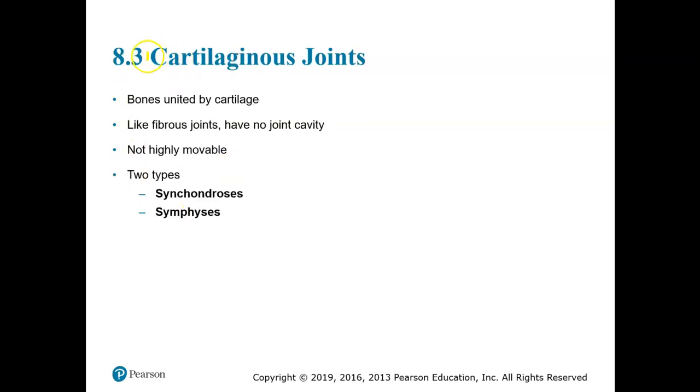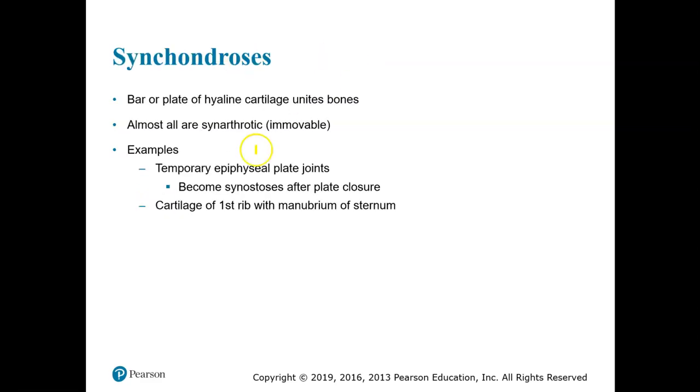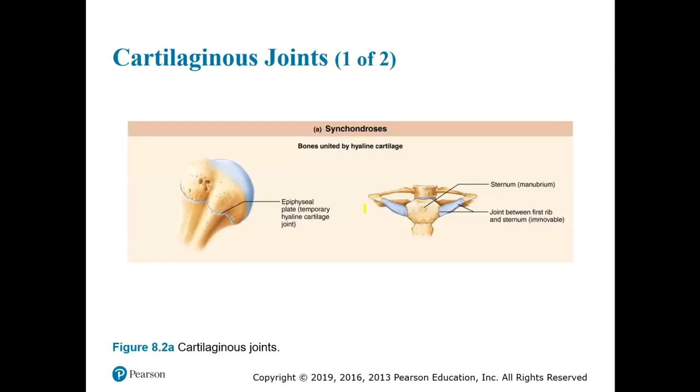For the synchondroses, for example, the epiphyseal plate is a synchondrosis, and then where the first rib meets with the manubrium, the top part of the sternum or breastbone. All of these are immovable or synarthrotic joints.